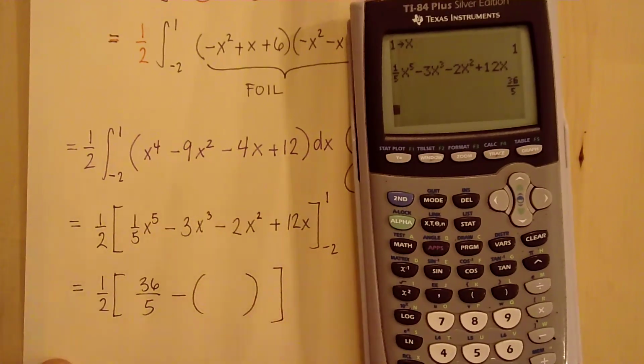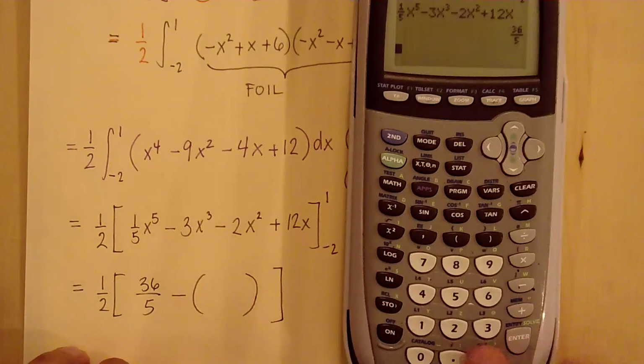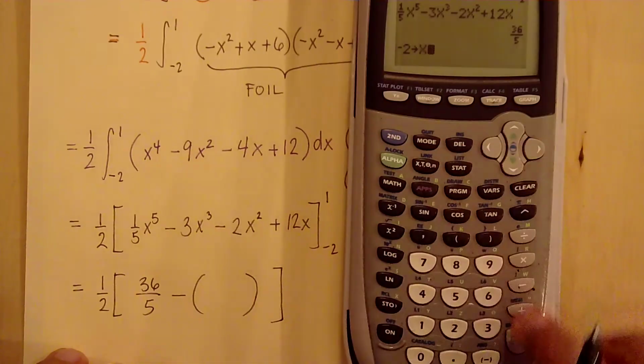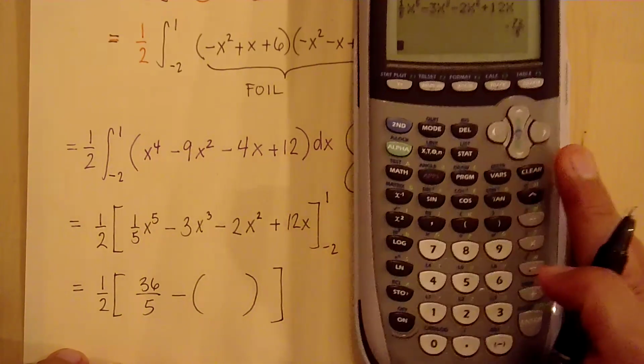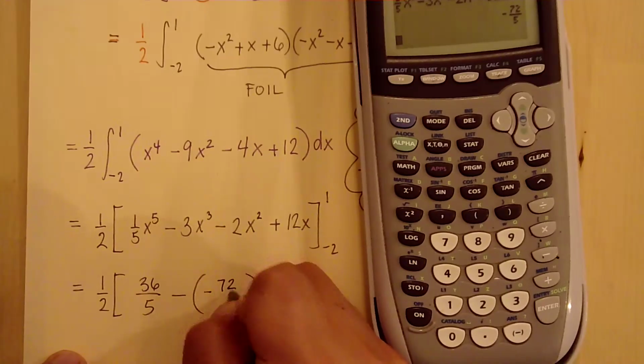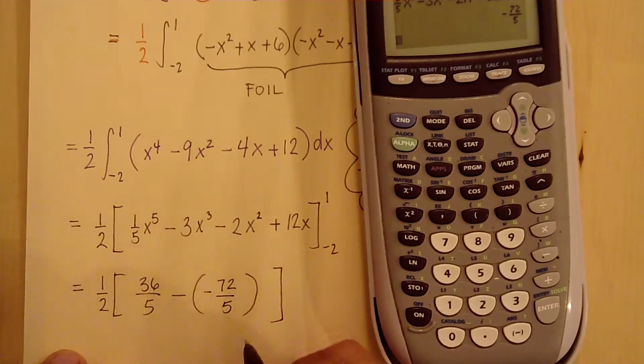Minus, we're going to store negative 2, store that as x, and then just go ahead and copy this function. Negative 72/5.